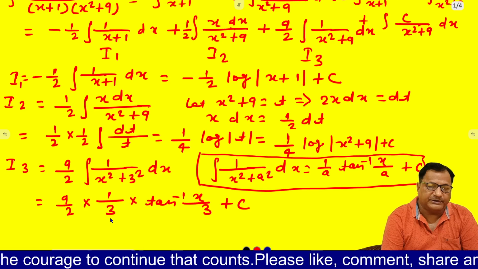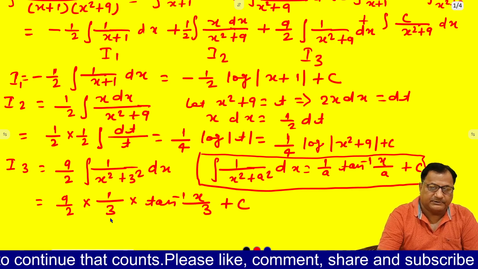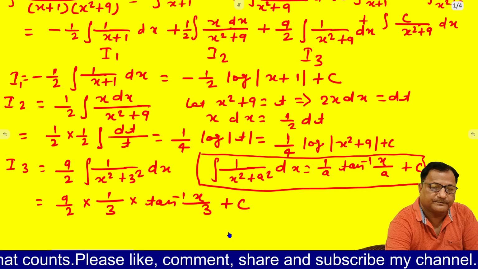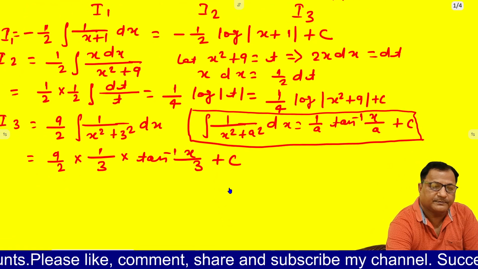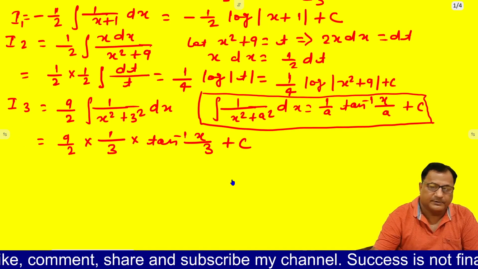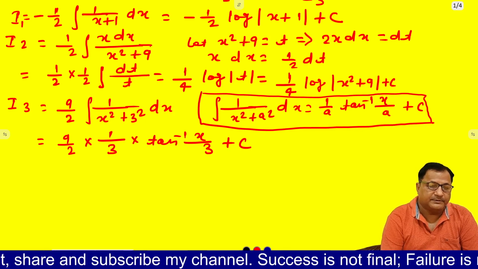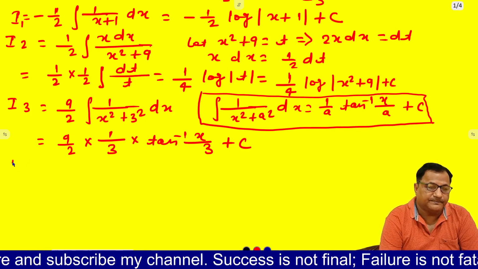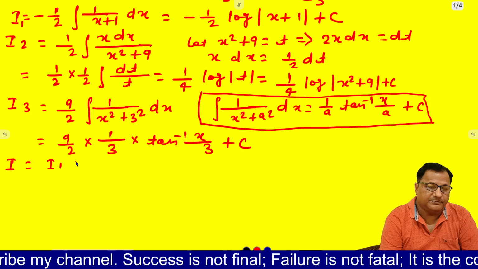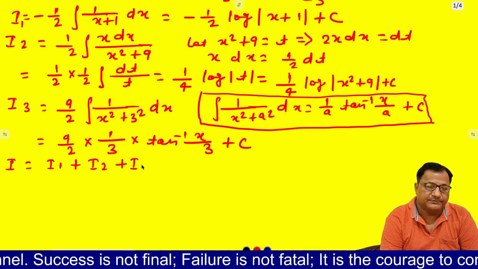Now we will add all of I1, I2, I3. I is equal to I1 plus I2 plus I3.